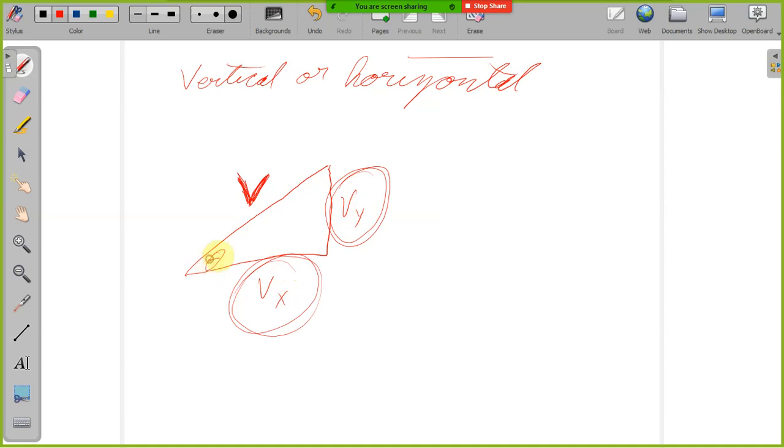And obviously, imagine that your theta is here. Then Vx would simply be V cosine of theta, and your vertical component of velocity would be V sine theta. So it's really just coming back to finding the components of a triangle.